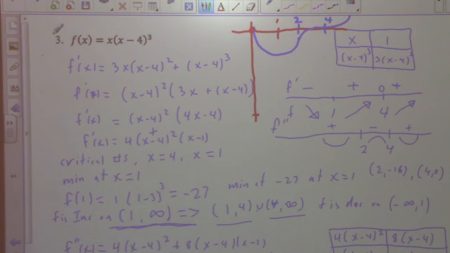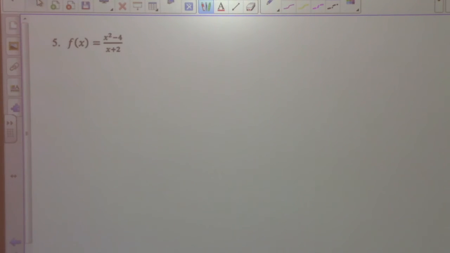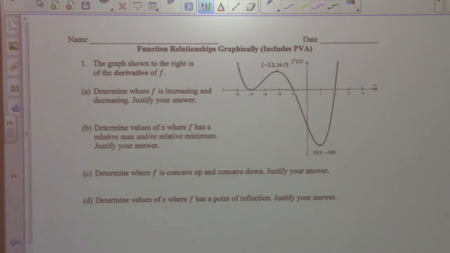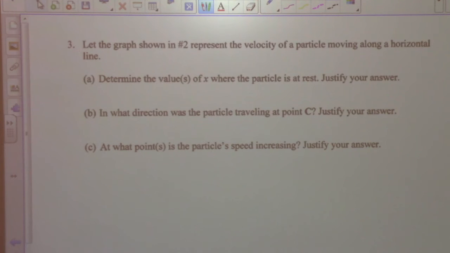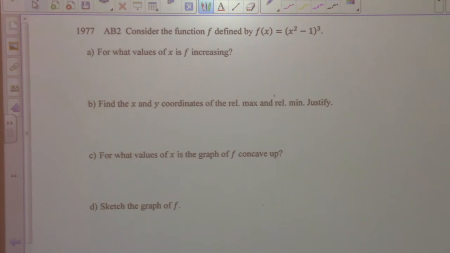So, what I want you to do is this. Let the graph show number 2. That's one direction. Take this thing right here and work this out, and I can help you.